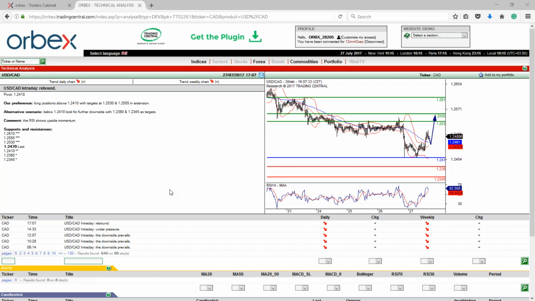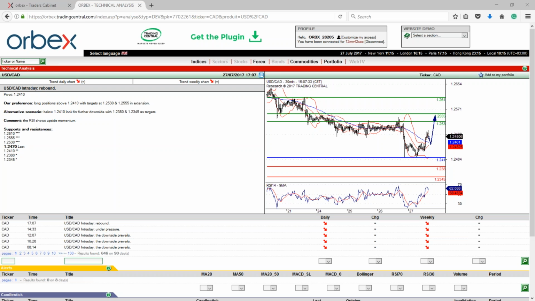And this is the same for any technical setups that you might use, okay? So perhaps you are trading harmonic patterns, okay? Well, again, you simply pull up the update for whichever pair you're looking at and establish which direction Trading Central view the market is moving in, and then you look to only take trades which line up with their directional view. So if they feel that price is moving lower, you're only looking to take short setups where you sell. Or if you feel that the market is moving higher, you can look to only take long setups where you buy.